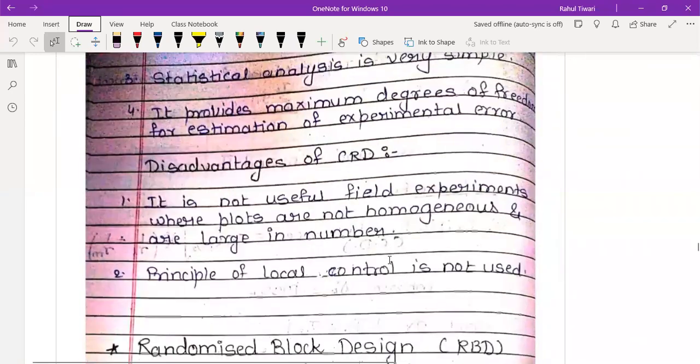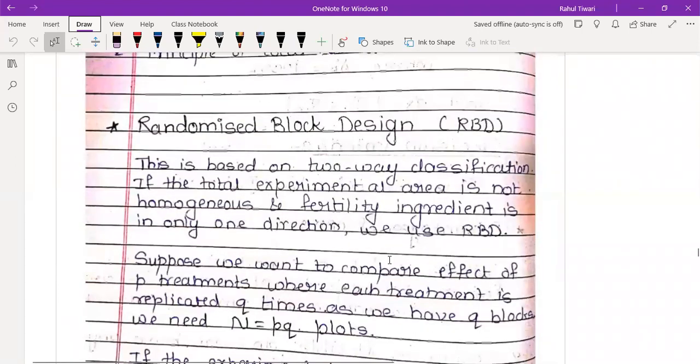When we talk about two parameters, it's like two-way ANOVA.